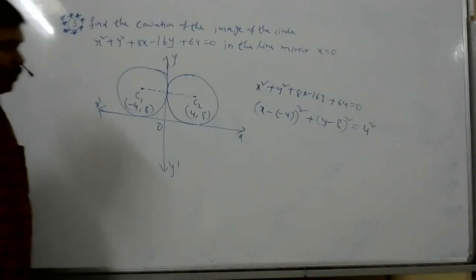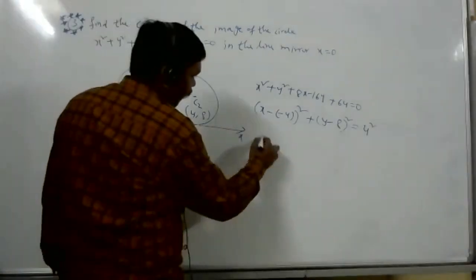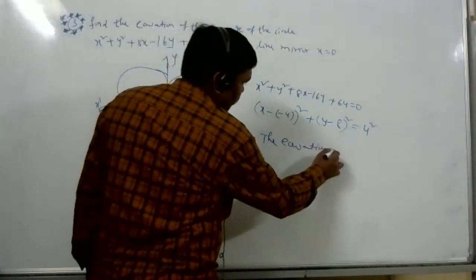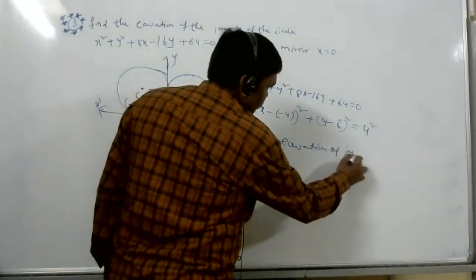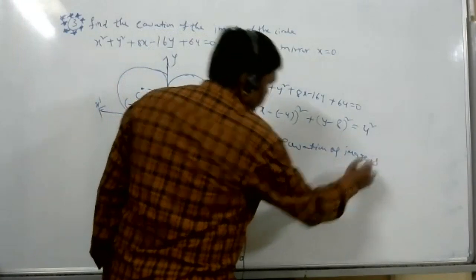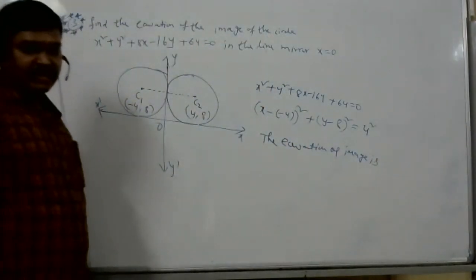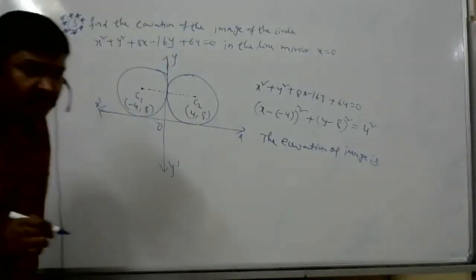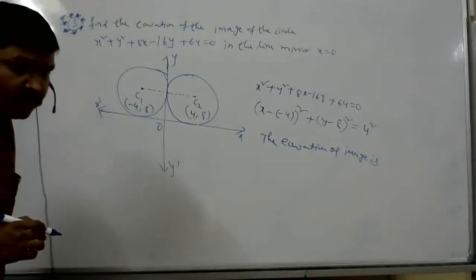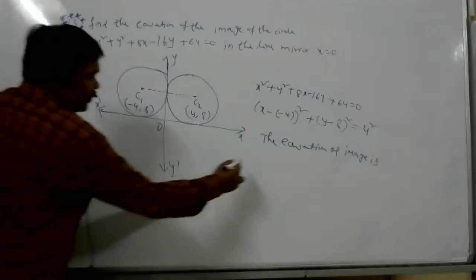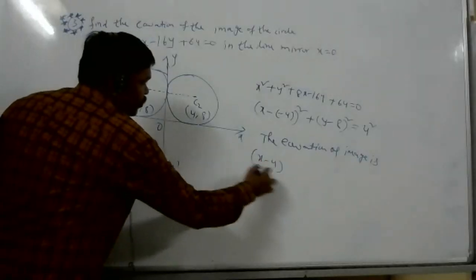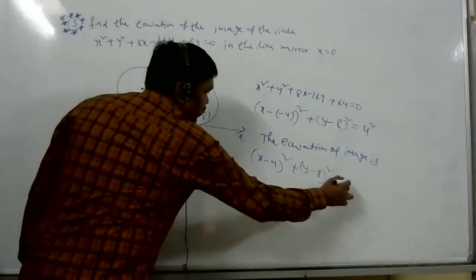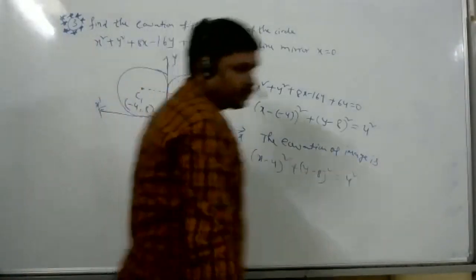Then the equation of the image is (x minus 4) whole square plus (y minus 8) whole square is equal to 4 square.